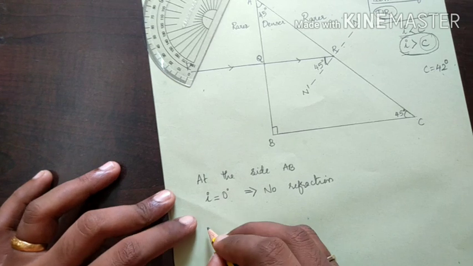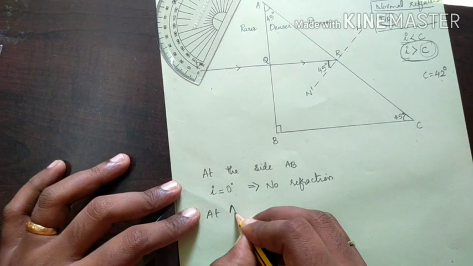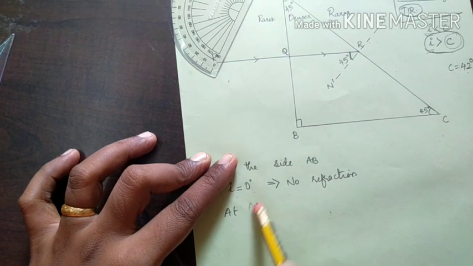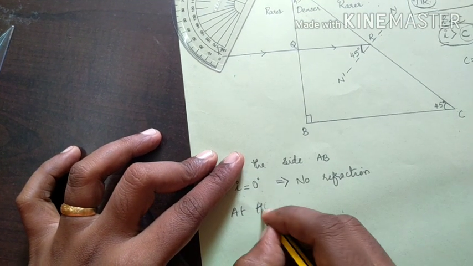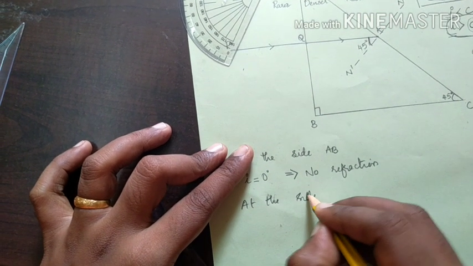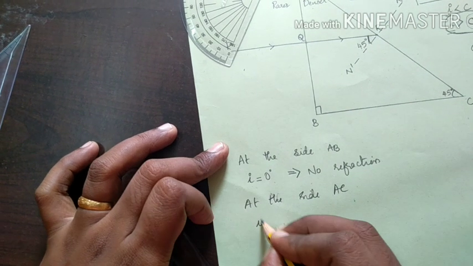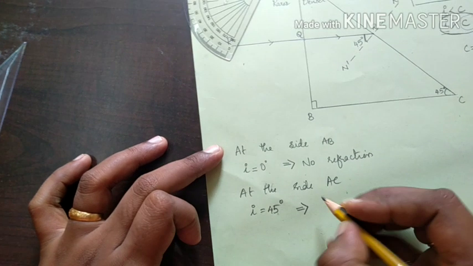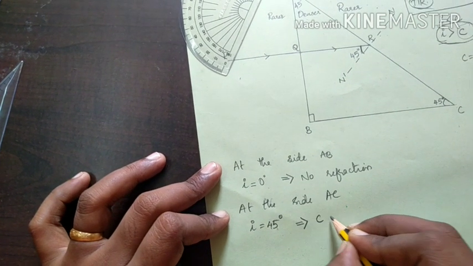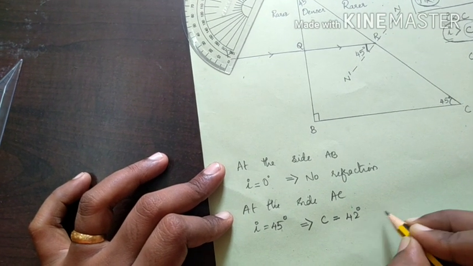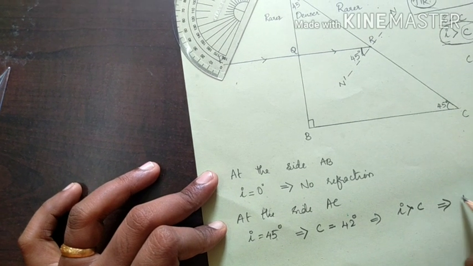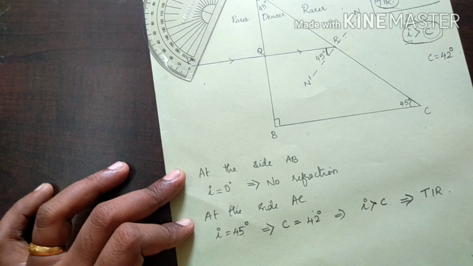Okay, so at the side AC, what is the value of angle of incidence? It is 45 degree and the condition is what? Critical angle is 42 degree, so that I is greater than C. So chances for total internal reflection to take place.